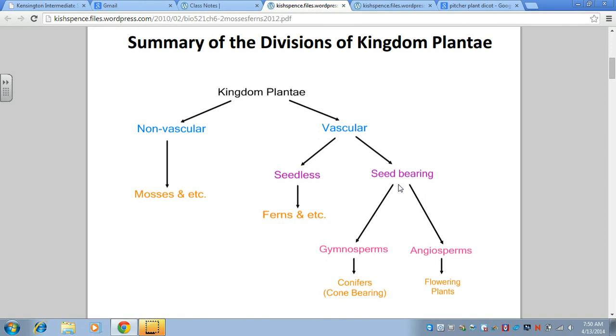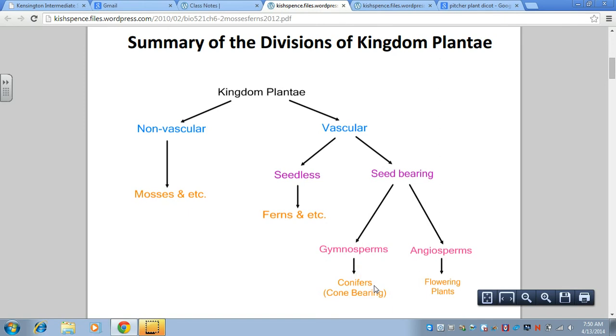We had two groups, the gymnosperms and the angiosperms. We talked about the gymnosperms already. Remember, sperm means seed, and gymno means naked, so they're the ones that don't have the fruit around them. Instead, they usually have cones or cup-shaped things around them while they're being produced. They include the conifers, the ginkgos and the cycads.